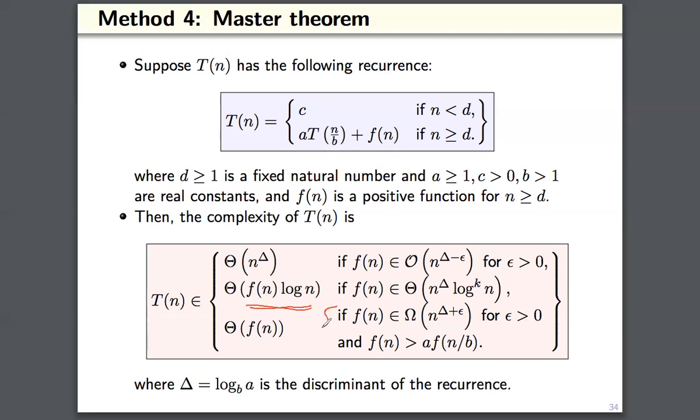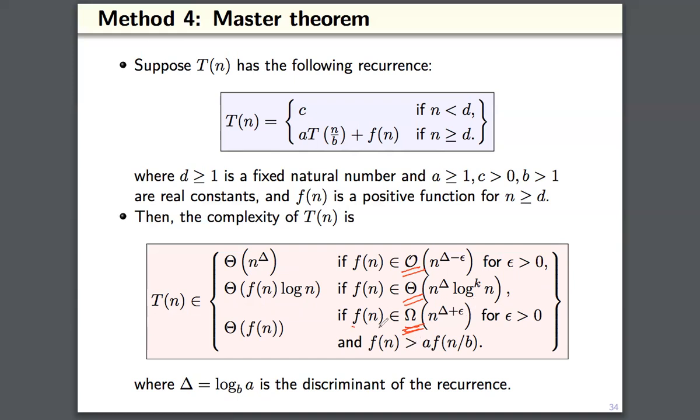The third case, this is the third case. What is the third case? The third case is if f of n is at least, right? This is at most, this is exactly the same theta, this is at least n power delta plus epsilon.